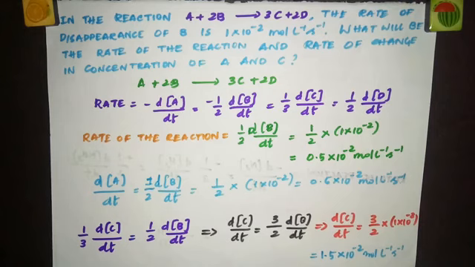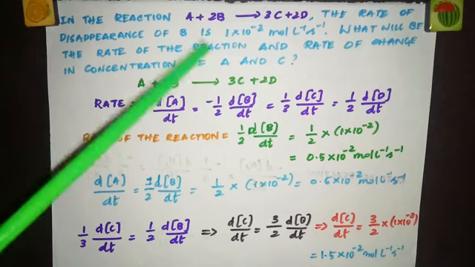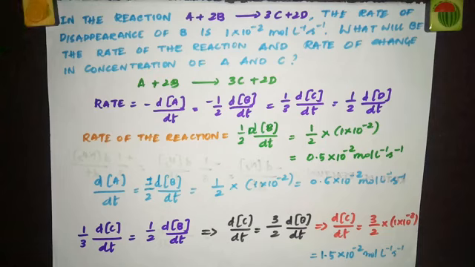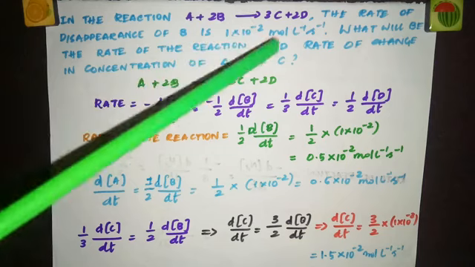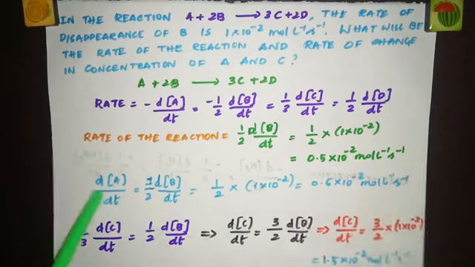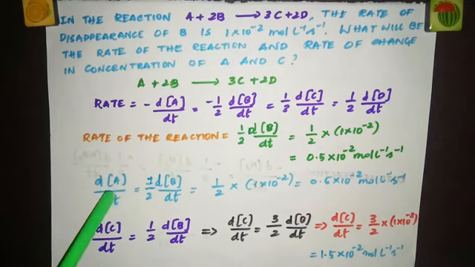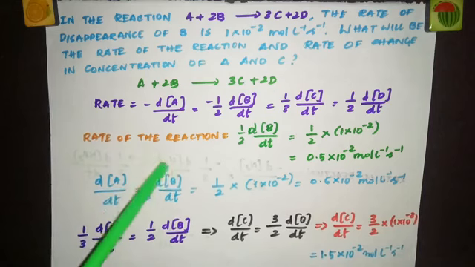And the next question, what is the rate of change in concentration of A and C? So again, they are asking you the rate of change in concentration of A, which means you are supposed to find out rate of disappearance of A and rate of appearance of C. So see, dA by dt is equal to 1 by 2 dB by dt.